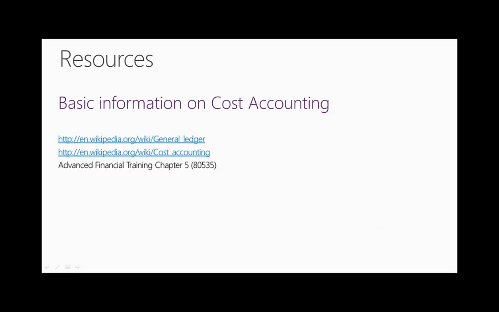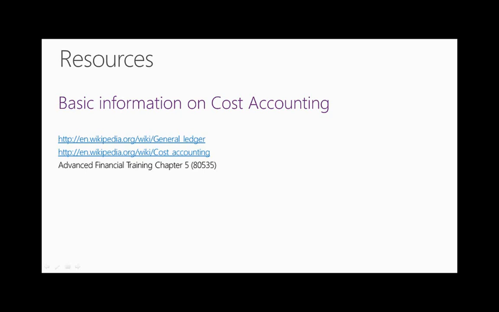I also included some links here in this presentation. You can use them to get a very quick overview of general ledger and cost accounting postings on Wikipedia. And there will be training material available for financial training, one basic and one advanced, and chapter 5 in the advanced training material, course number 80535, will be the cost accounting.